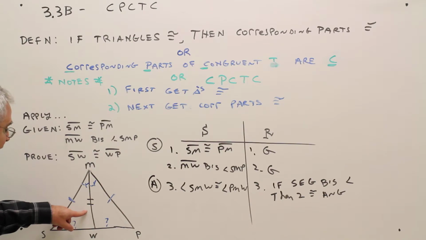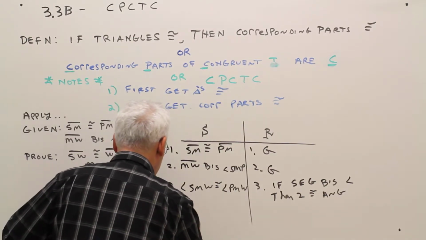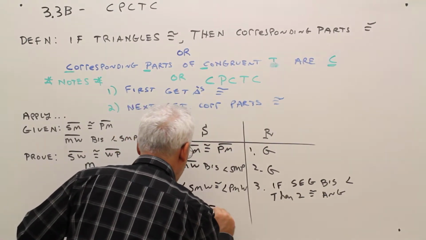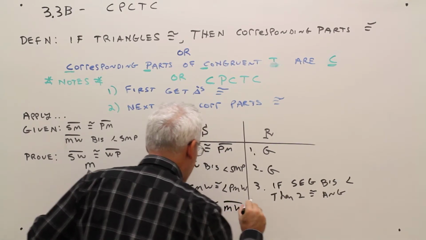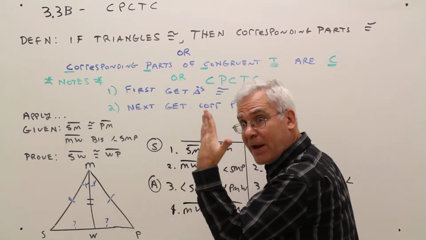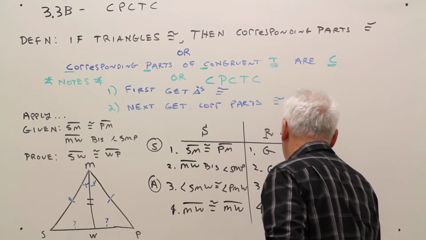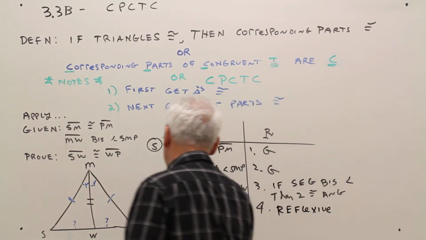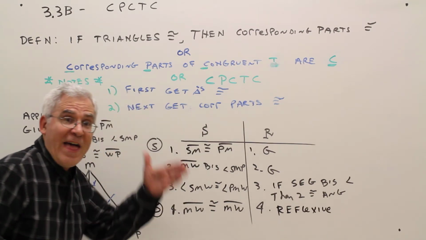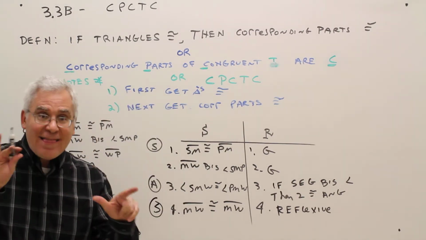And then finally I'll get MW to be congruent to MW. Reflexive property. Then I will get the triangles and then the parts.